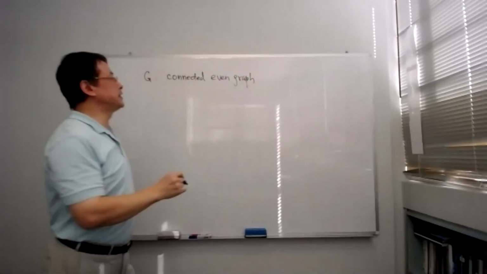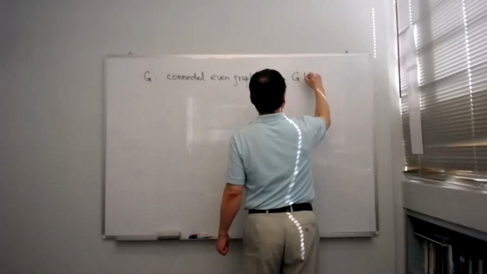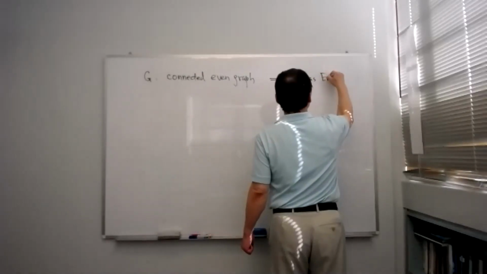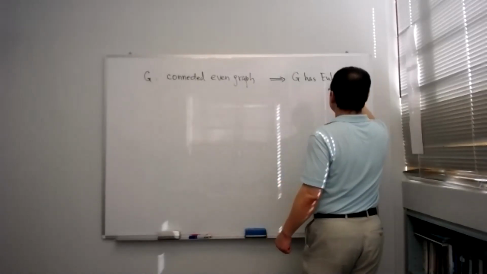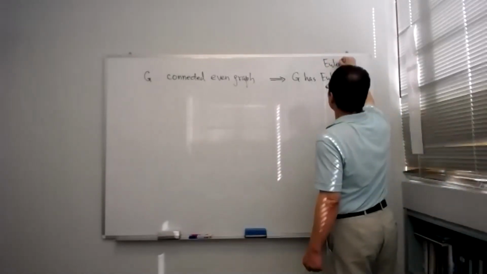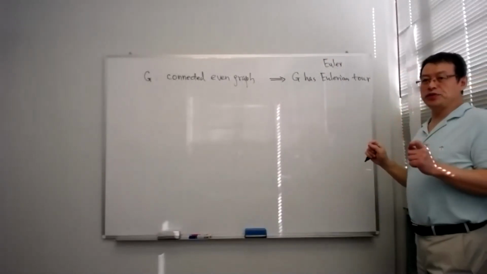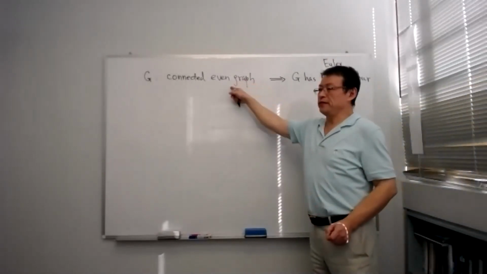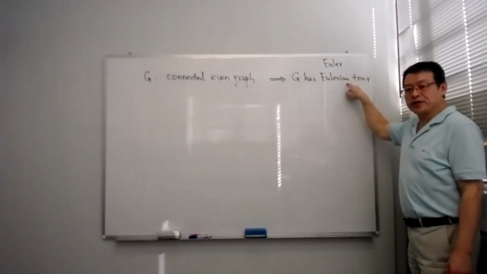So we're going to show that sometimes people just say Euler tour instead of Eulerian. Both ways. So what we're going to show now is, given such a graph, we can construct an Euler tour, an Eulerian tour.